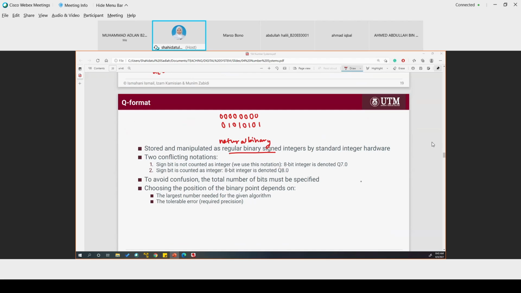Right? And there are two conflicting notations, where some scholars count the sign bit as an integer bit, and other scholars don't count the sign bit as an integer bit. We're going to use the first one here.